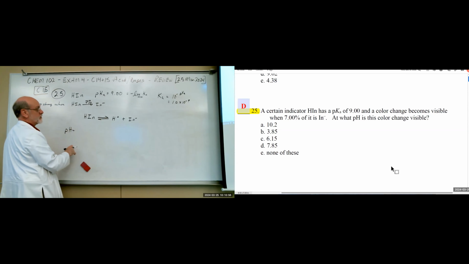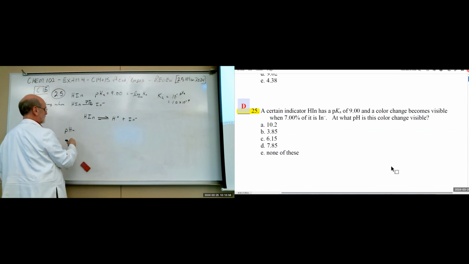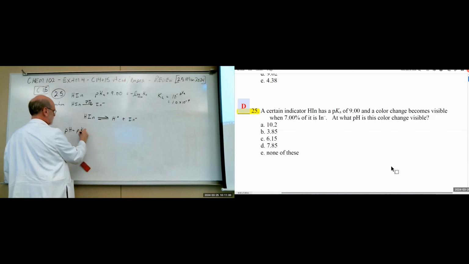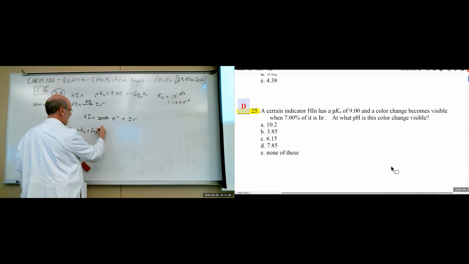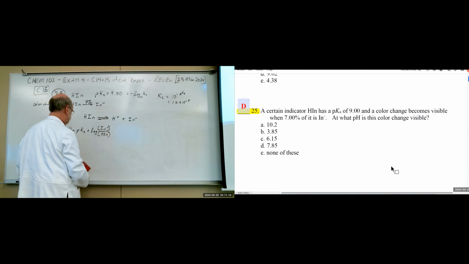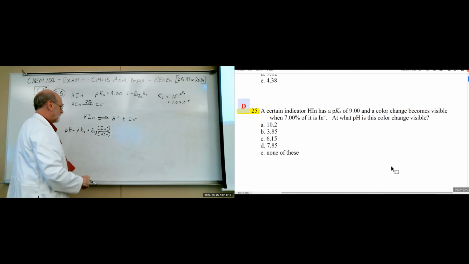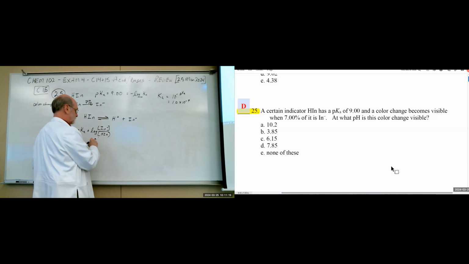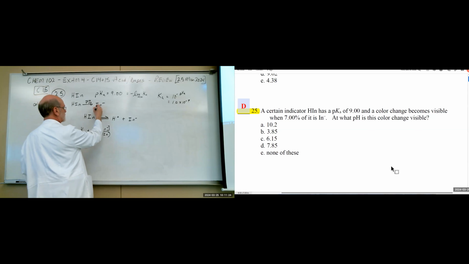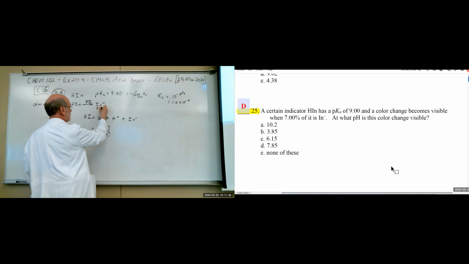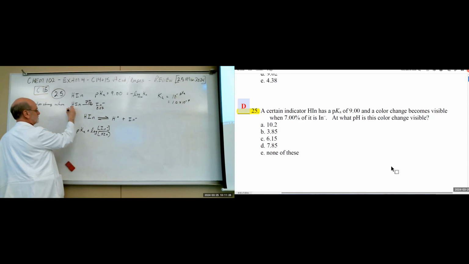In fact, if we use Henderson-Hasselbalch, I don't need the Ka. pKa plus log of In minus over HIn. I was making it harder than it needed to be. So what's the ratio here? Well, 7% of it is now In minus, right? Which means 0.07. What is HIn?